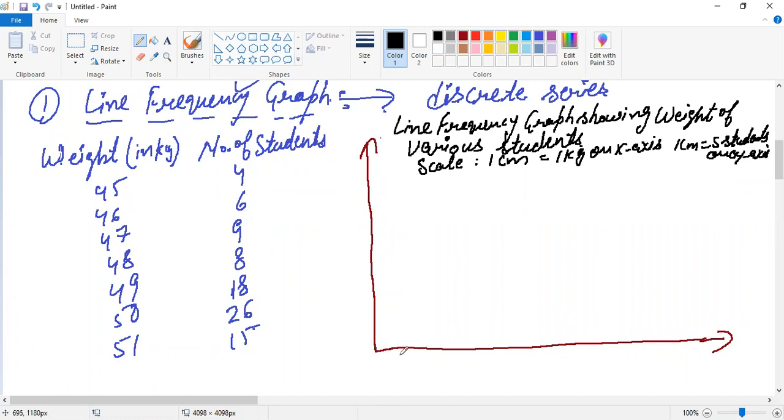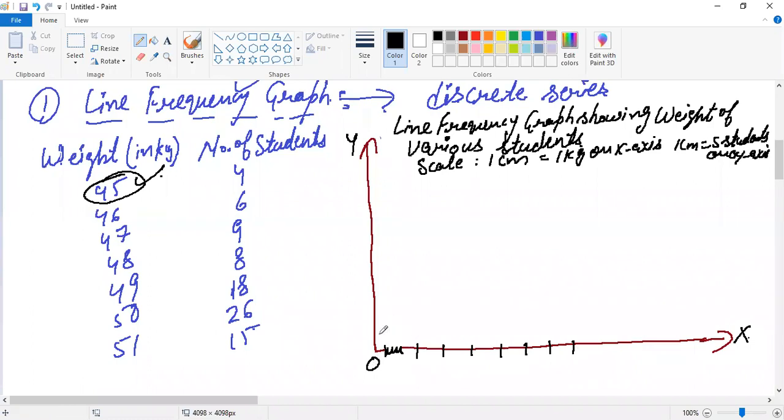Now, the weight is given from 45. So here this is O, Y and X. First of all we make a false line on the OX axis. This is our false line. Now we start with the value of 45: 45, 46, 47, 48, 49, 50, and 51.